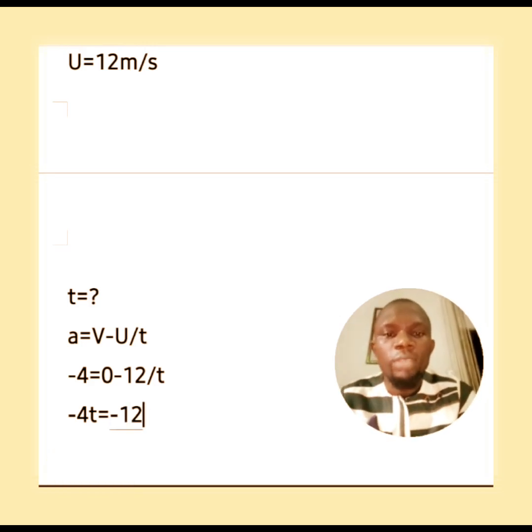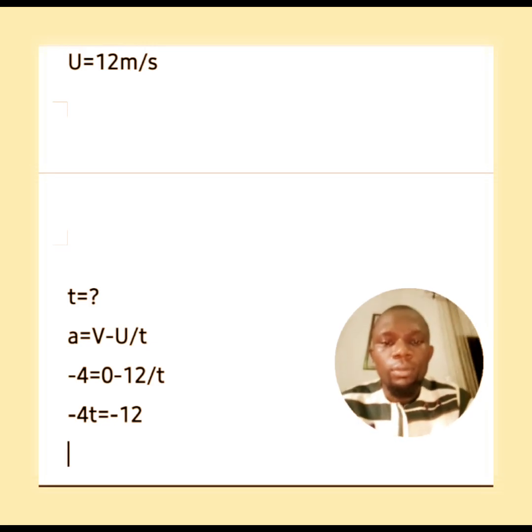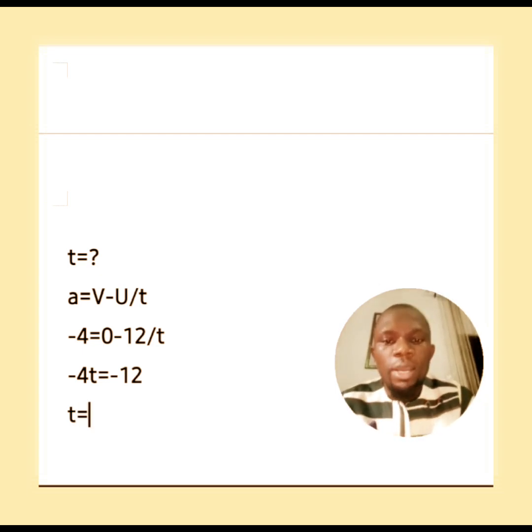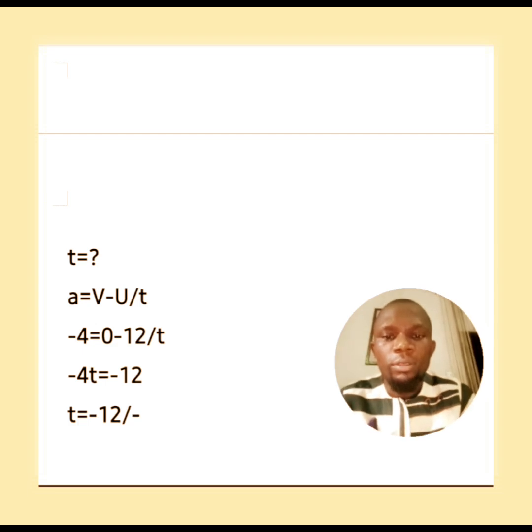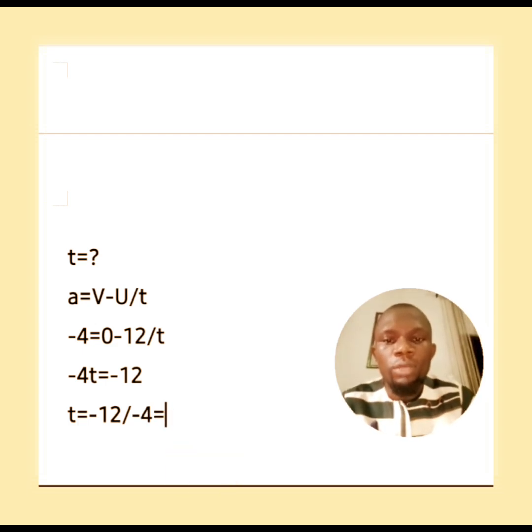Divide both sides by the coefficient of T. So my T is equal to minus 12 divided by minus 4. What will I get? Minus will cancel minus. 12 divided by 4, I'll have my 3 seconds.